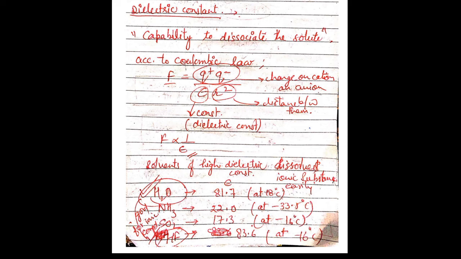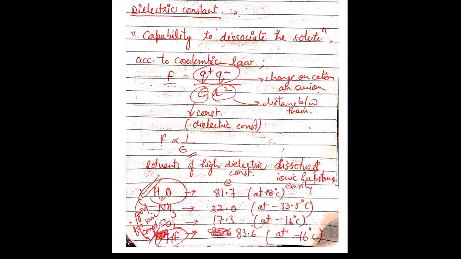Thus, in solvents of high dielectric constant, the ionic substance will dissolve readily. With the decrease in dielectric constant, the solubility of ionic compounds will decrease, because dielectric constant is inversely proportional to the force between them.